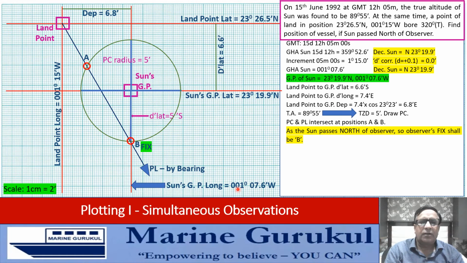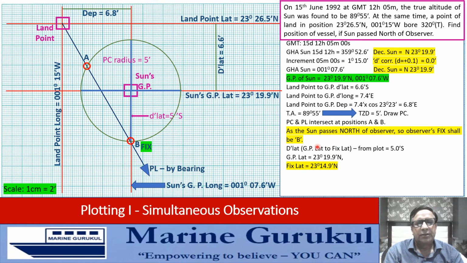So in this diagram, what do we see? This is the D-lat of the fix from the latitude of GP, and it's exactly 5 minutes south. Therefore, the latitude of the fix becomes 23 degrees 14.9 minutes north. What do we see about the departure?